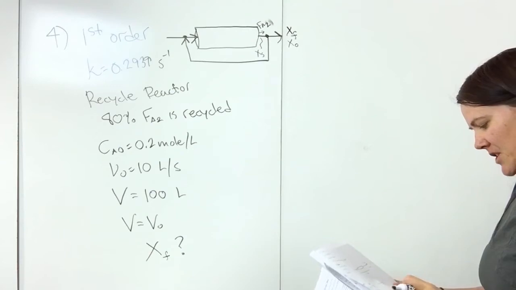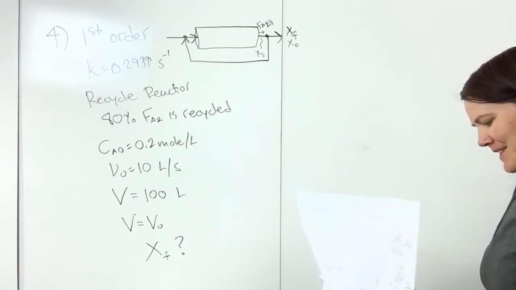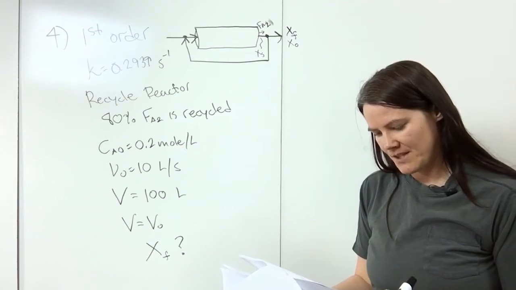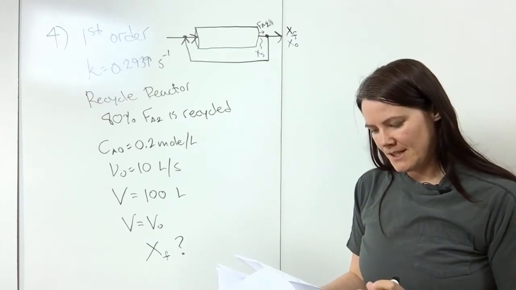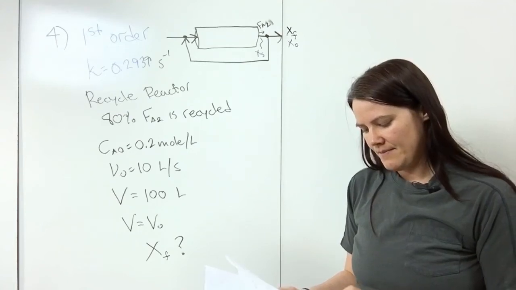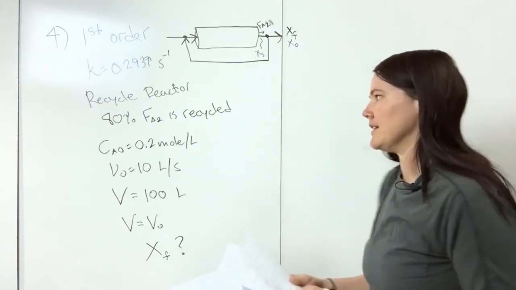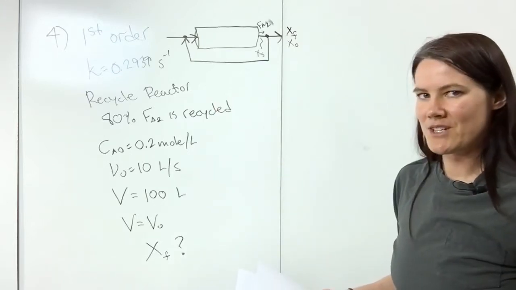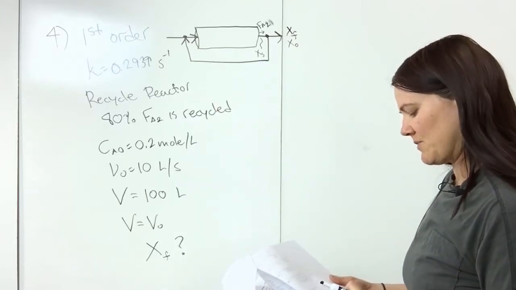So if this problem showed up on the exam, this is what I was talking about in the previous video on the exam review, that you probably don't want to go through and derive the integrated equation for the recycle reactor, you just want to write it down.